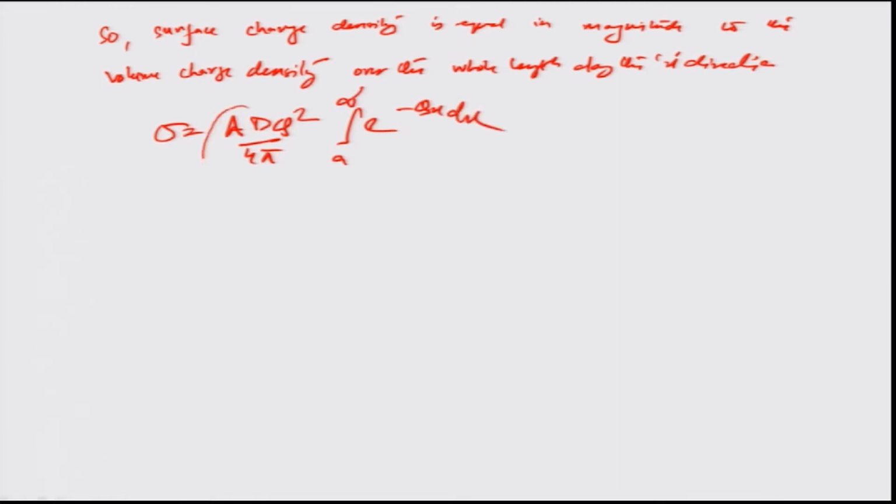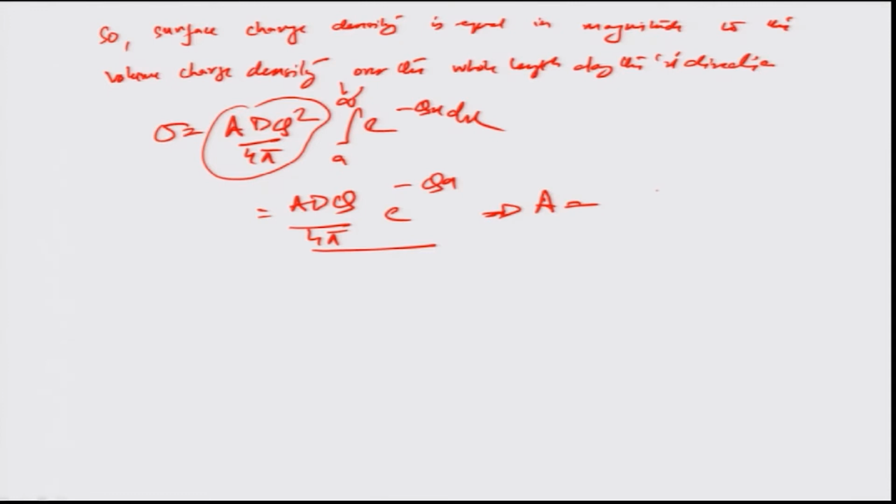I have substituted the value of rho here to calculate this expression, and this comes out to be equal to A dq divided by 4 pi e to the power of minus qa, because obviously one of the limits is x equal to infinity. So this is how surface charge density is related, and I can say that the value of A, which is the unknown constant in the differential equation, comes out to be 4 pi sigma e to the power of qa divided by dq.